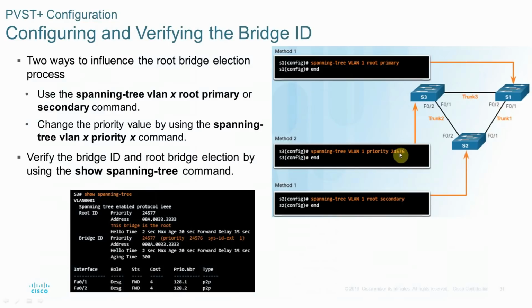You can give the value instead of root primary and root secondary, but if you write root primary, the lowest priority value is automatically selected for that switch. It depends how you configure the spanning tree.